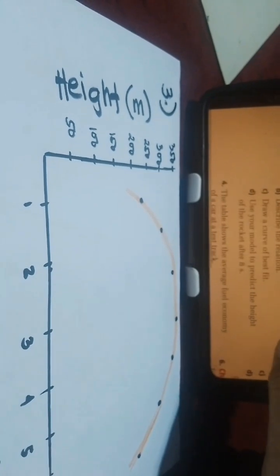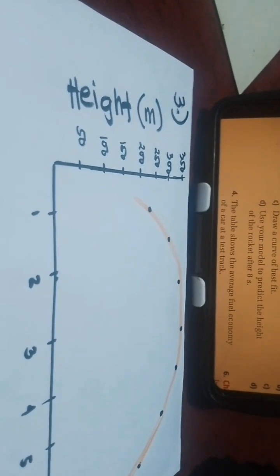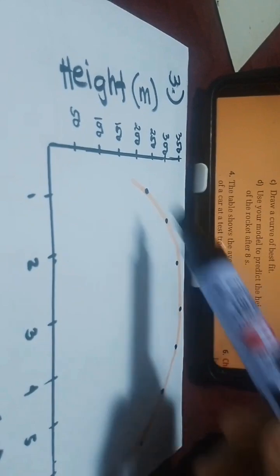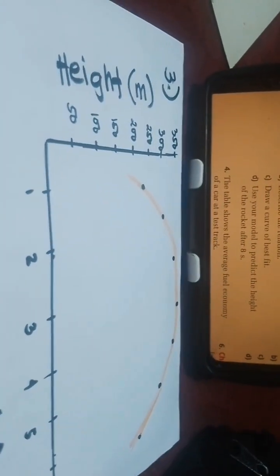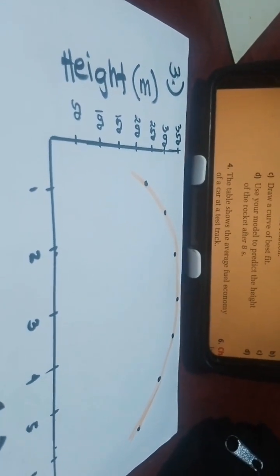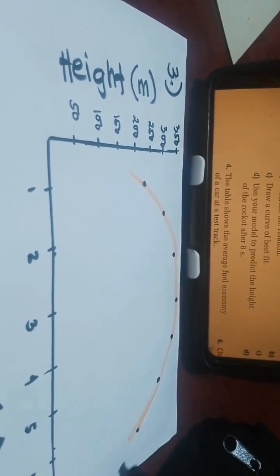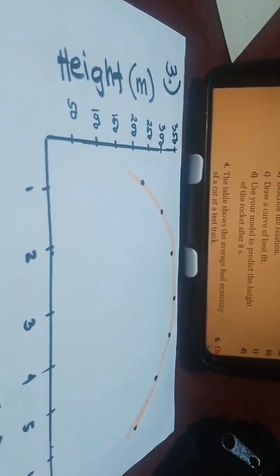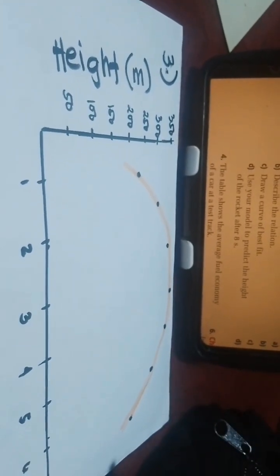Next, use your model to predict the height of the rocket after 8 seconds. If you base it on this model, at 8 seconds the height of the rocket will be lower than at 7 seconds, so it must be lower than 220.